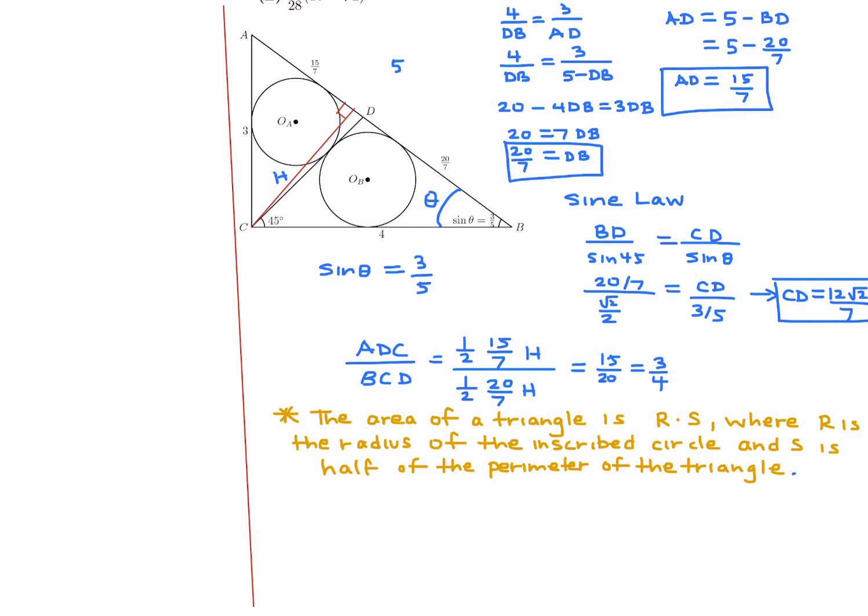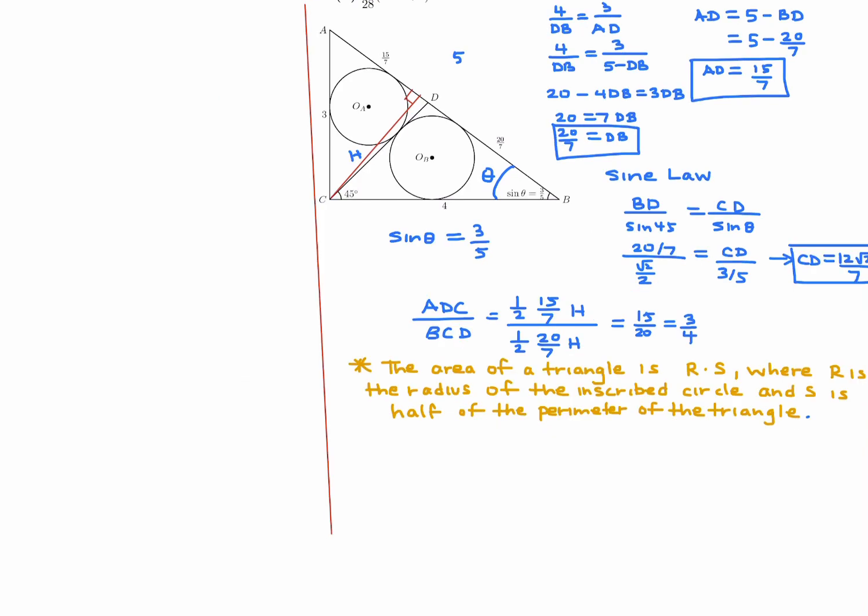So we've got ADC over BCD, and that is equal to, right here, r times s. So r of A, which is the radius of that circle, times s, which is half the perimeter of ADC.